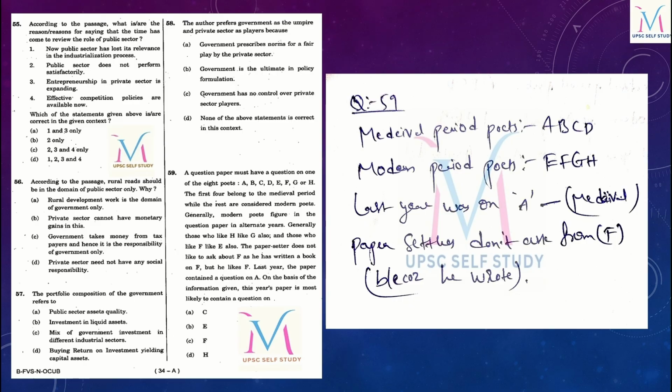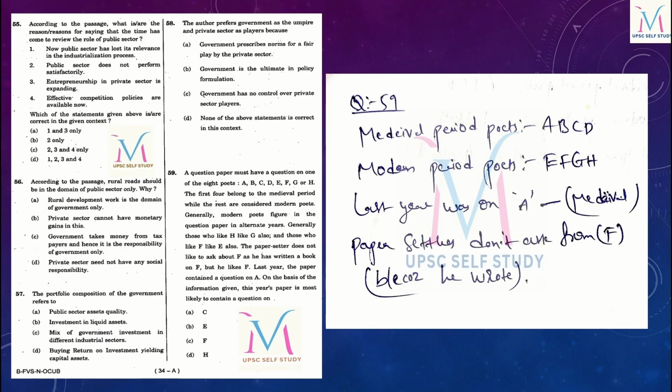There are 8 poets: A, B, C, D, E, F, G, or H. A question paper should have a question from among these poets A to H. The first four belong to the medieval period, while the rest are considered modern poets. If you look into the solution box where I have written, the medieval poets are the first four, A, B, C, D, and the rest are called modern poets, E, F, G, H.